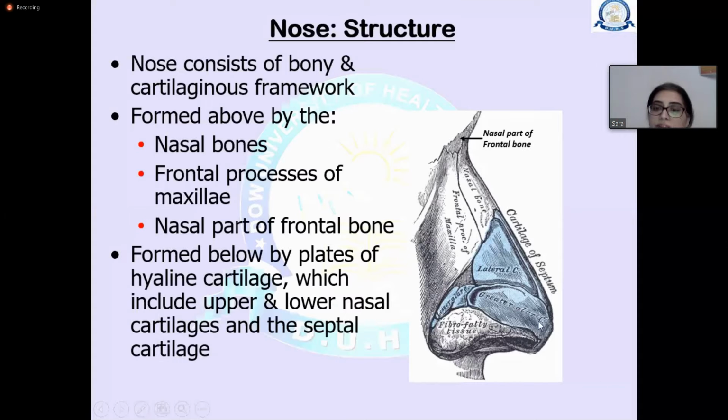That is, you have a greater alar cartilage in the midline, and more medial to that you have the lesser alar cartilage. And there are some parts in between these two alar cartilages, smaller cartilages which are known as the sesamoid cartilages. Okay, then inferior to that you have a fibrofatty tissue, that is where you have the formation of ala of the nose.